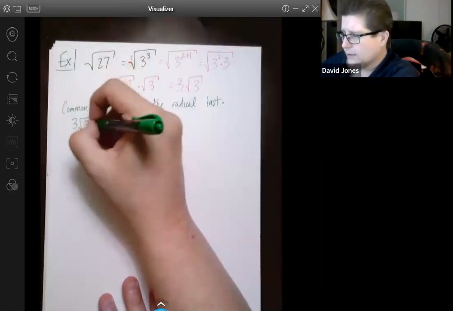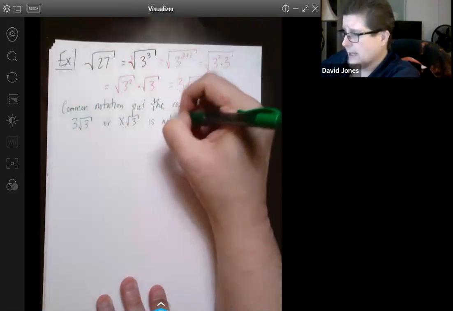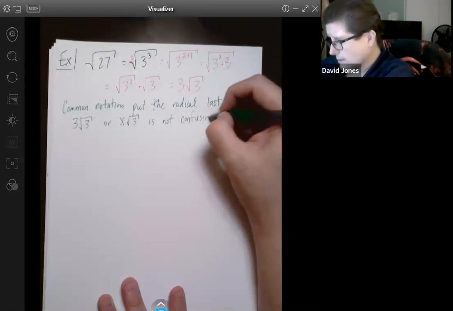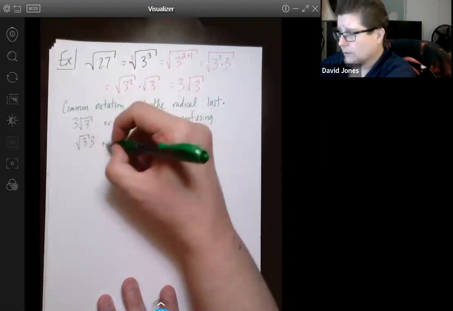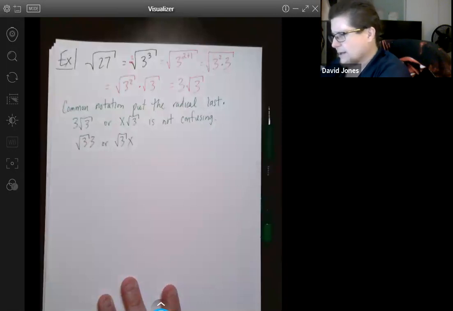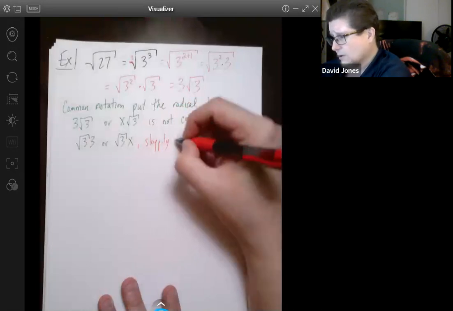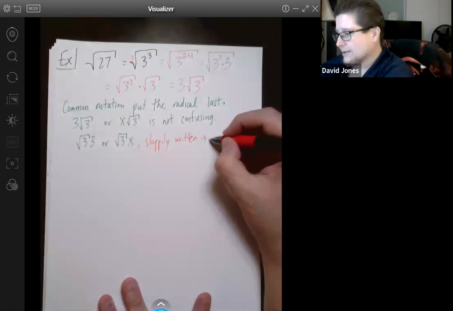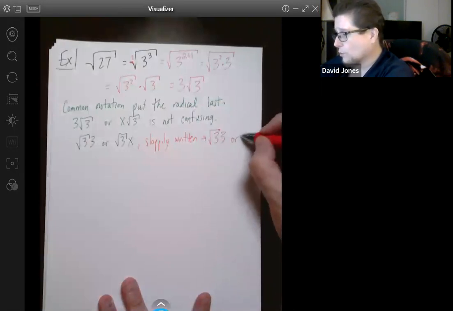Root 3 or x root 3 is not confusing. I know that the number in front is multiplied by it. But root 3 like that, or root 3x, sloppily written, or the way typewriters do it, looks like square root 3 without a tail there, or root 3x.